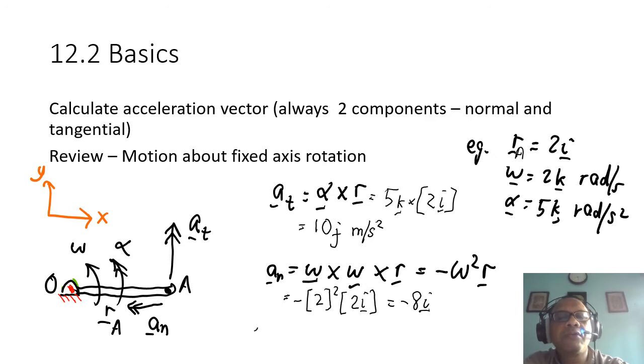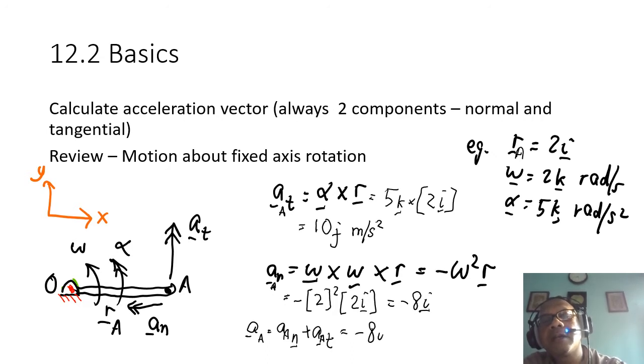So we can now write the acceleration of A equals AA in the normal direction plus AA in the tangential direction. I should have written A here. Okay, so that equals, in the normal direction minus 8i, and in the tangential direction 10j.